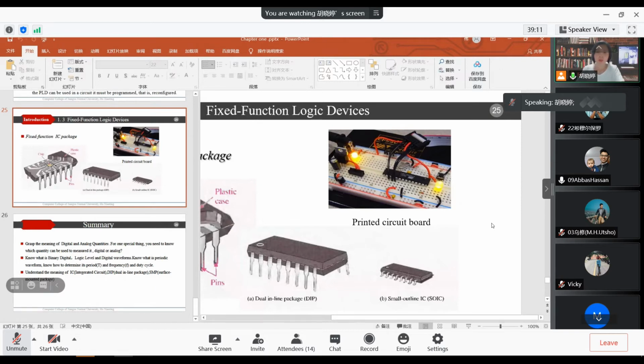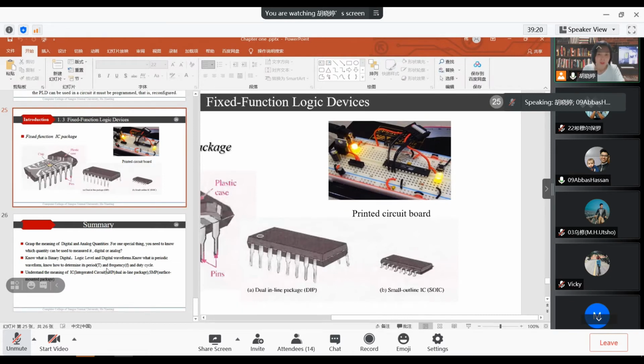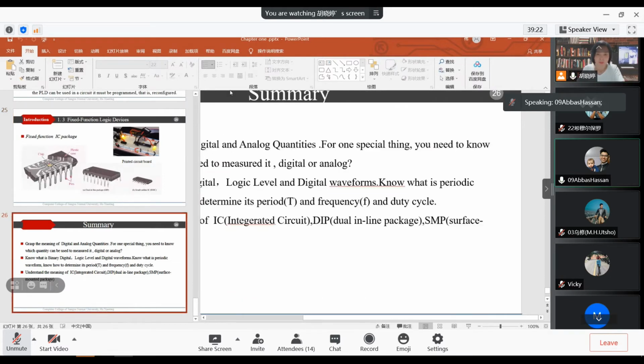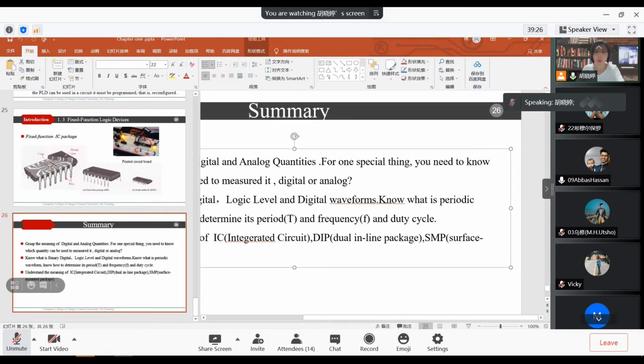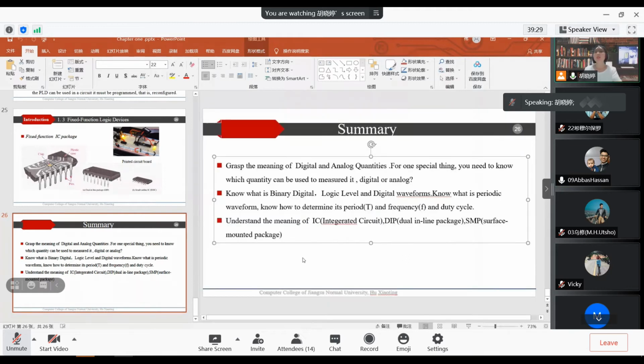In the following classes, you can understand these concepts deeply. So that is the chapter summary for chapter 1. We already reviewed that at the beginning of this class, so now we don't need to discuss this part. We just skip that.